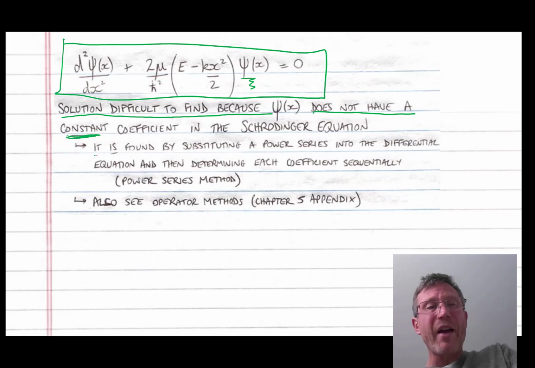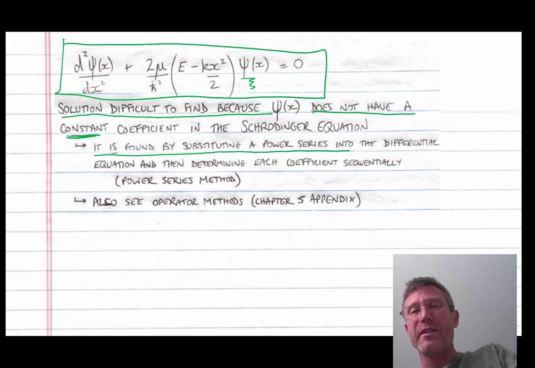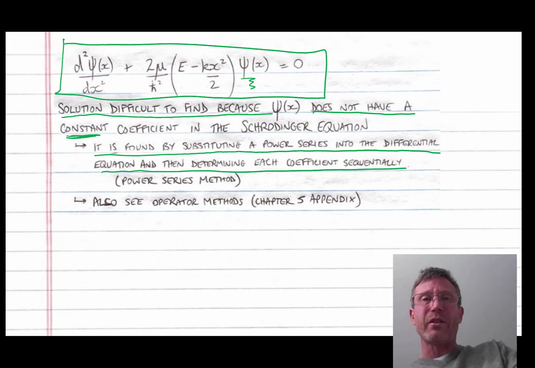And it can be found, and we'll think about how it's found later, but it is found by substituting a power series into the differential equation and then determining each coefficient sequentially. So we'll look at that in a little bit more detail later on. But basically this solution, I will say, is outside the scope of the course. What does that mean?